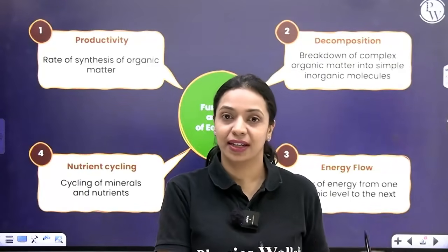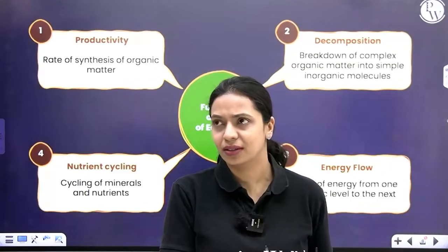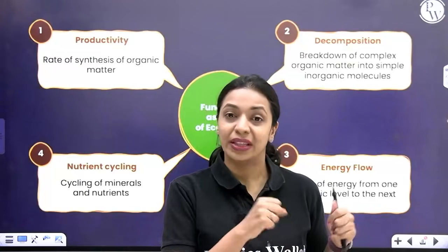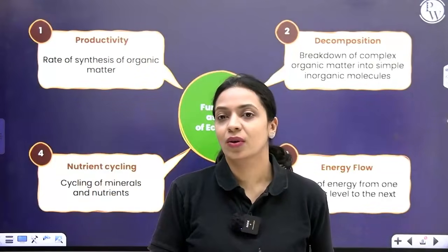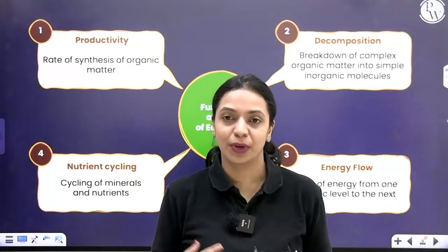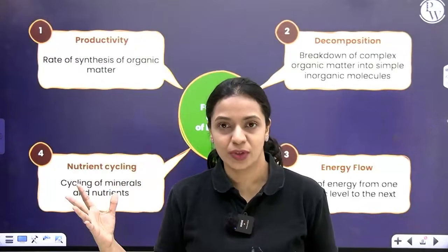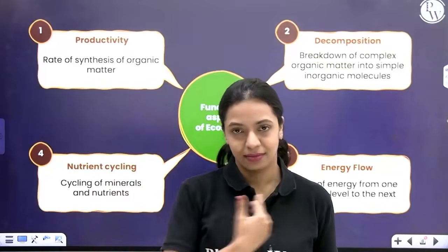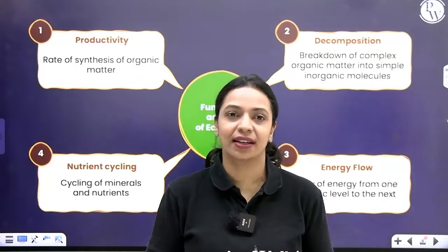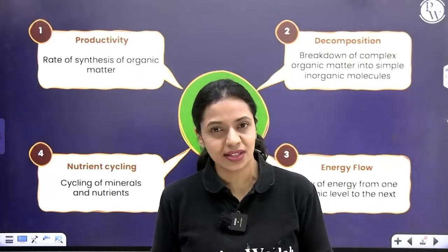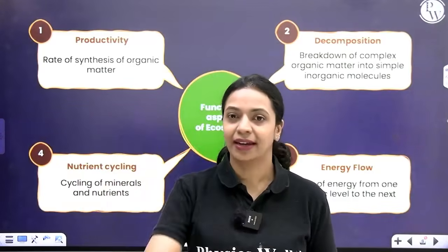Fossil fuels contain a lot of hydrocarbons, and then when they are burnt, carbon dioxide is released into the atmosphere. So this is a cycling that happens between the atmosphere, which is abiotic, and us, which is biotic component. Likewise, there is nitrogen cycle, there is phosphorus cycle, where different nutrients cycle across biotic and abiotic components.